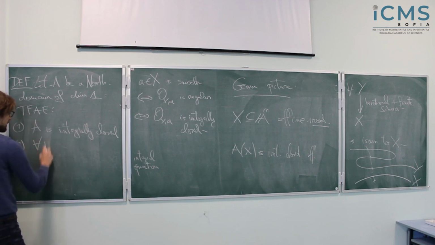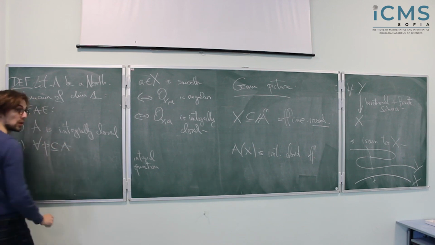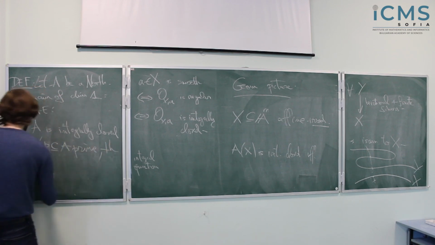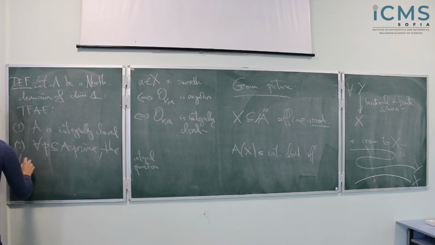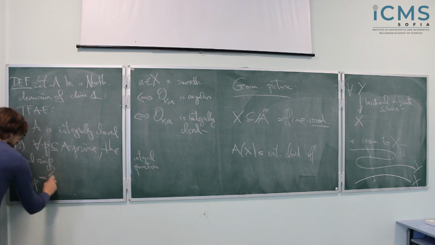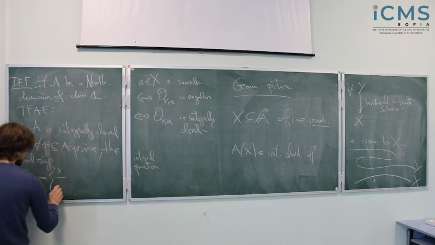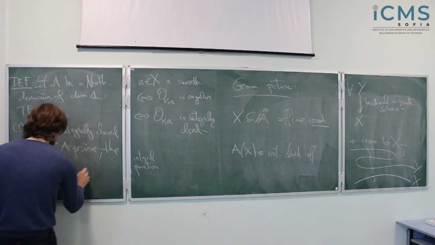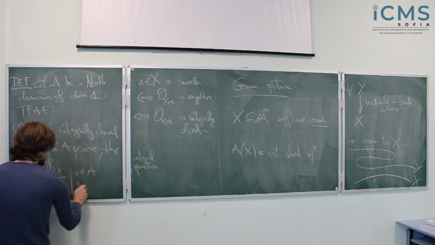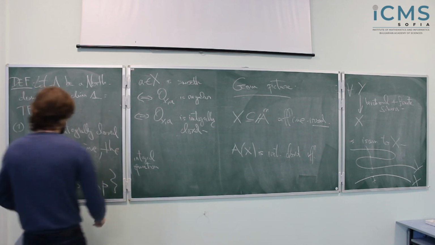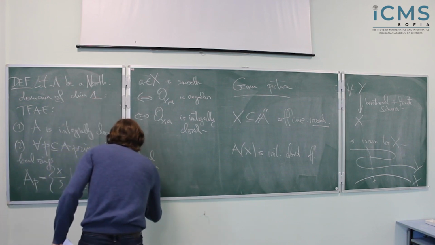So for every prime p, the local rings, what are these? These are x over s, where x is an element of A and s is an element of A not in p, is a DVR.